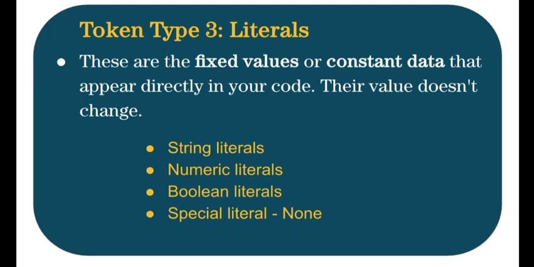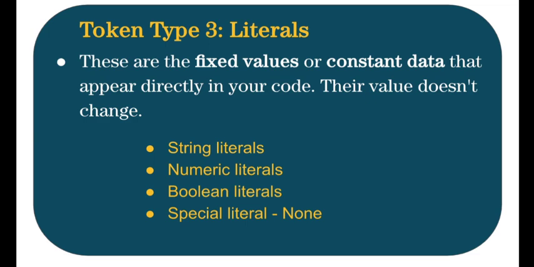For example, a equal to 10, b equal to 100. This 10 and 100 are literals. Or a equal to 'Python', print a. So that text within the quotes is another literal.